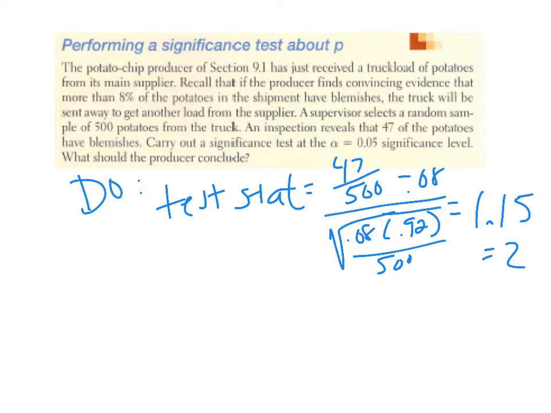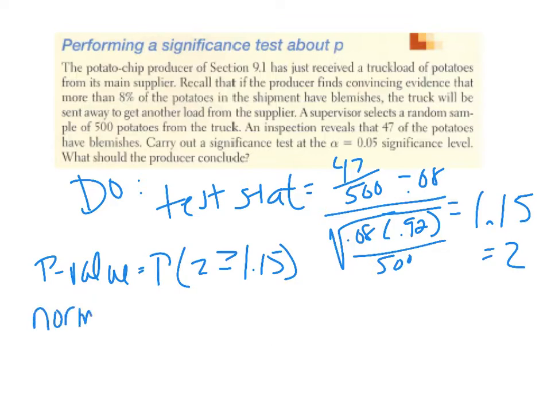So basically what I'm looking for now, my p-value is going to be equal to the probability that z is greater than 1.15, because remember I'm looking to see if it has more than 0.08 probability of blemishes. So I can go ahead and put that in my calculator.